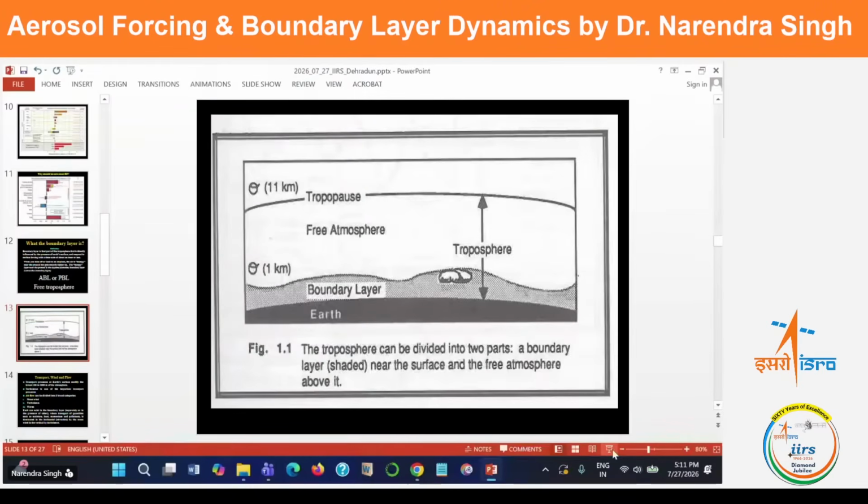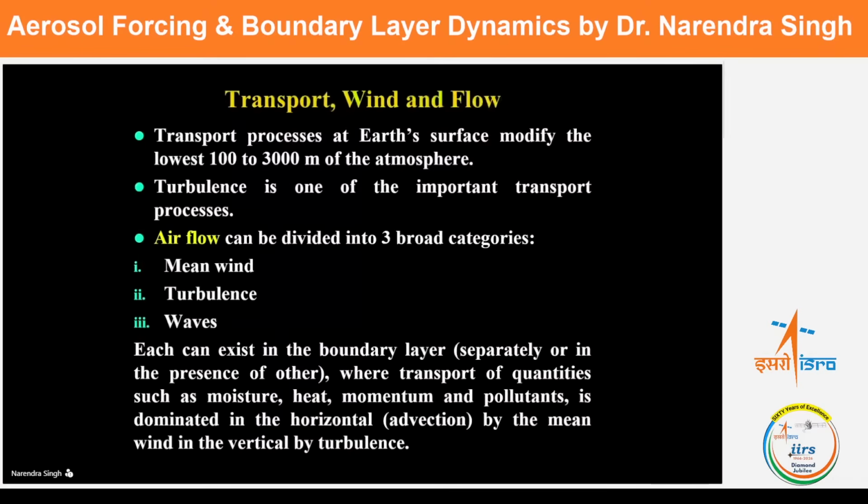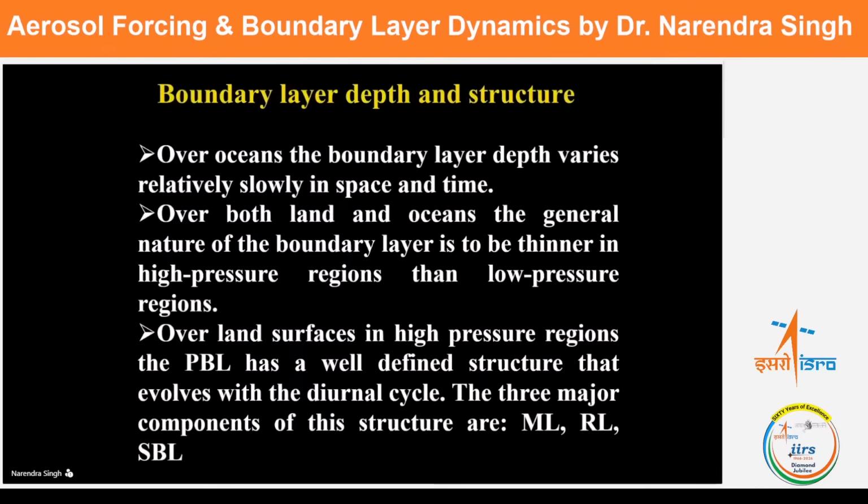As I just mentioned, the boundary layer is the portion of the atmosphere which is responsible for all sorts of mixing in the atmosphere. If we make measurements over the ocean, you will see the boundary layer relatively very slow in space and time.